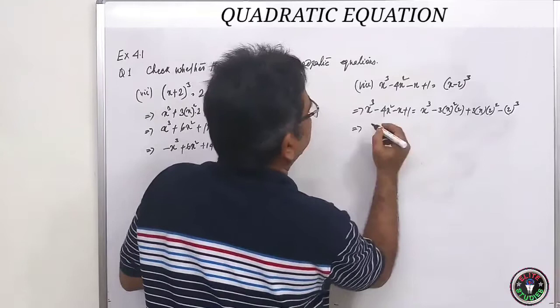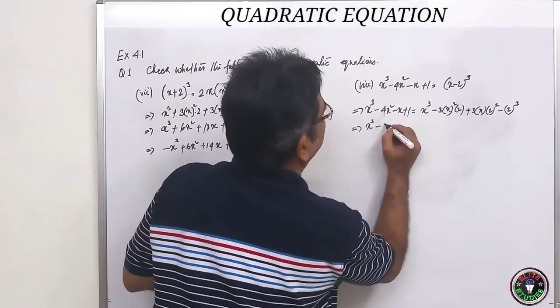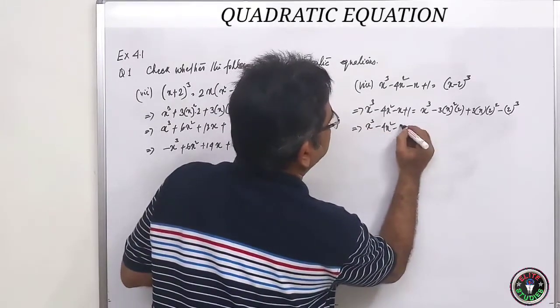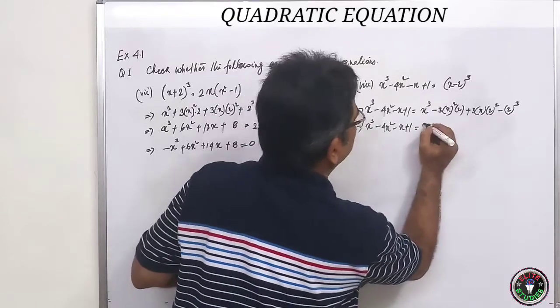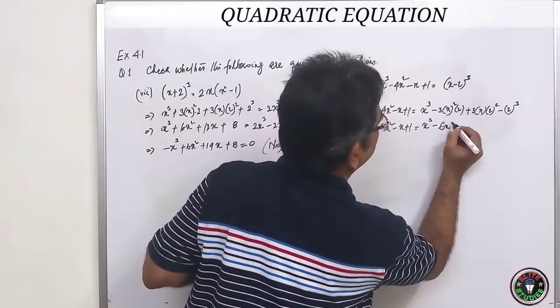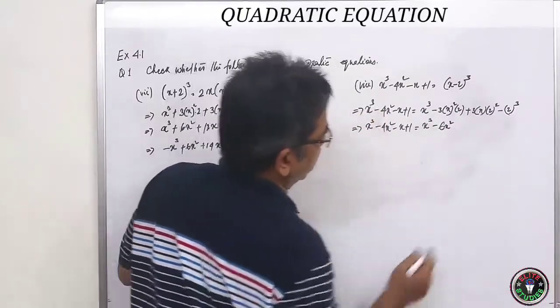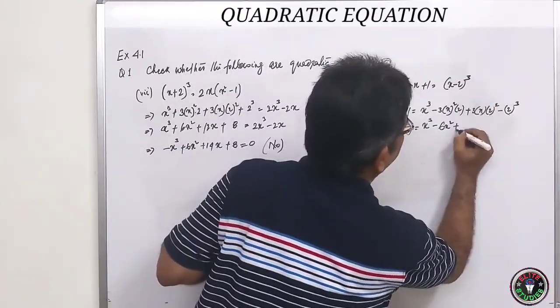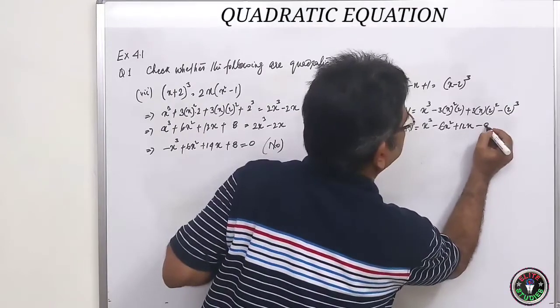So x cube minus 4x square minus x plus 1 is equal to x cube minus 6x square plus 12x minus 8.